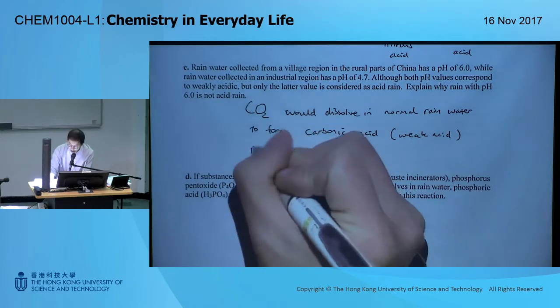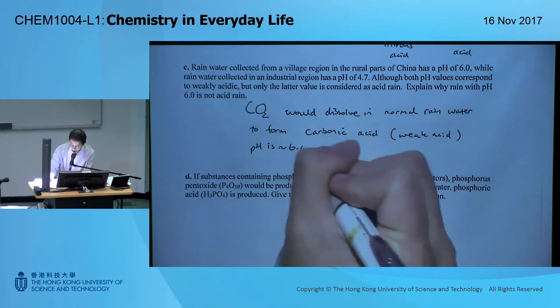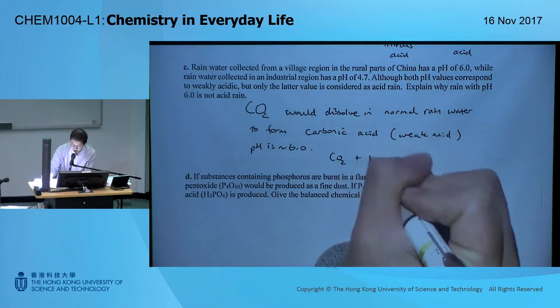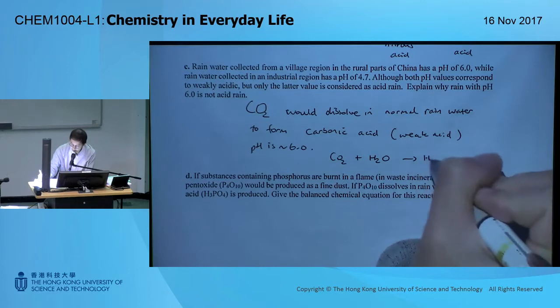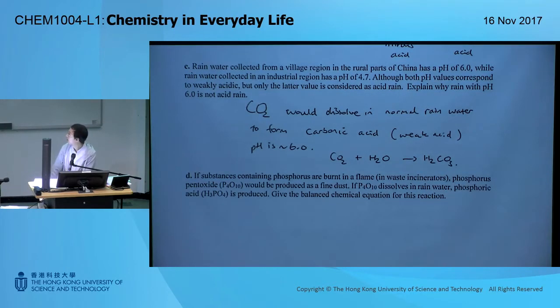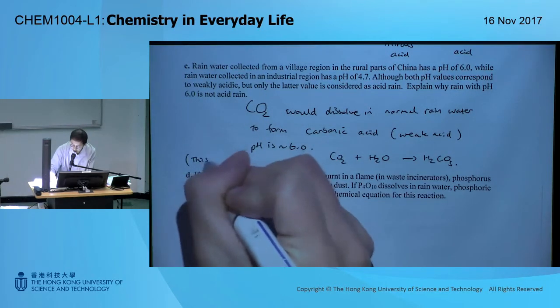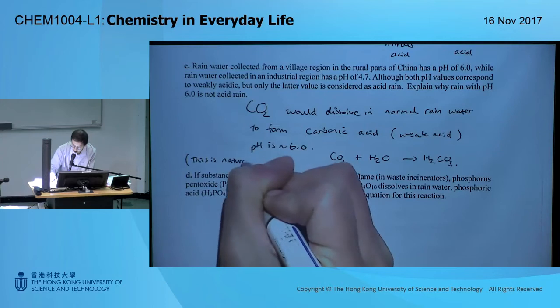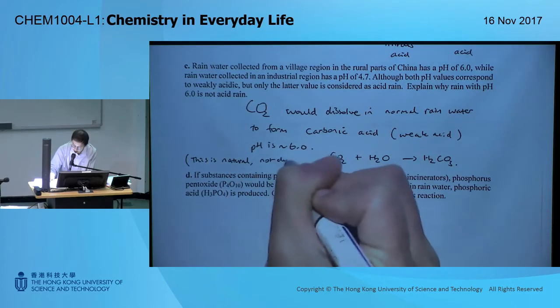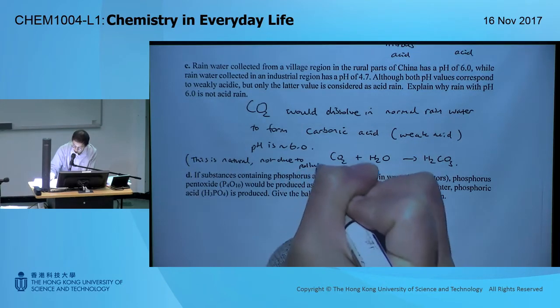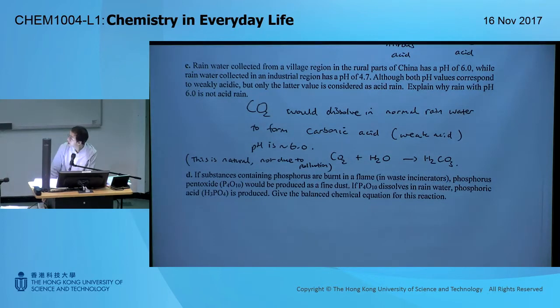And the pH is around 6. So this is clean, okay? This is not pollution. So this is natural rainwater.